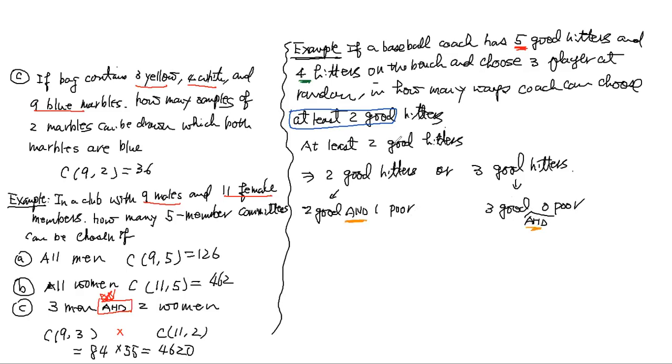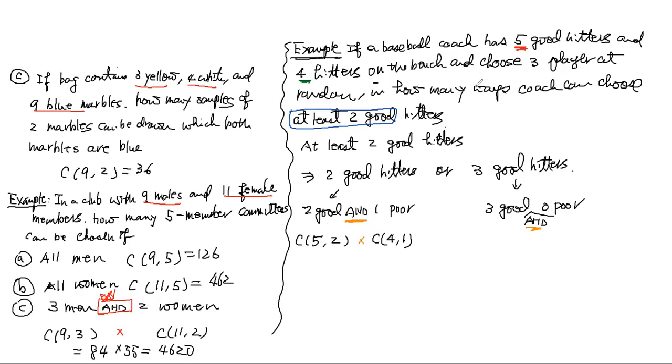Now I know how to choose the good ones: I have 5, I take 2. Then for the poor one, I have 4, I take 1. Because this is "and," we do the multiplication.